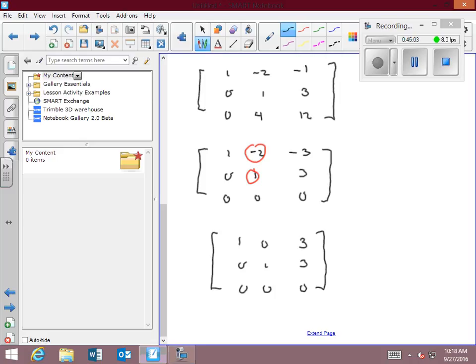So then this says, if I did it right, my x1, x2 should equal 3 and 3.